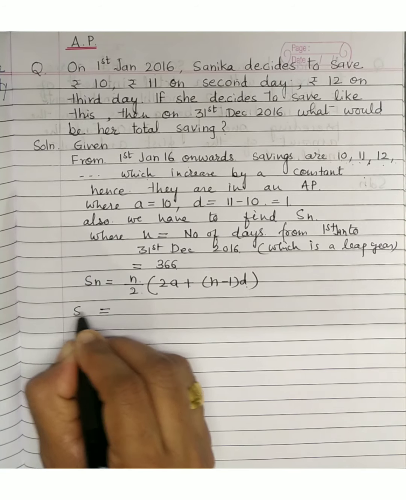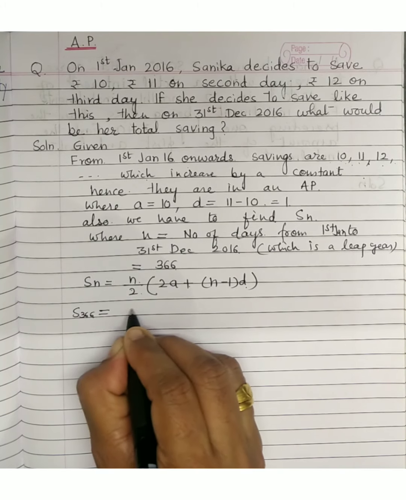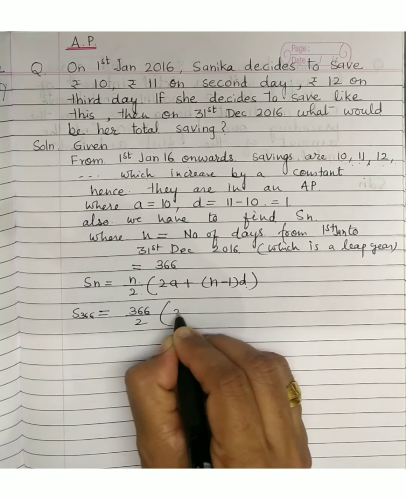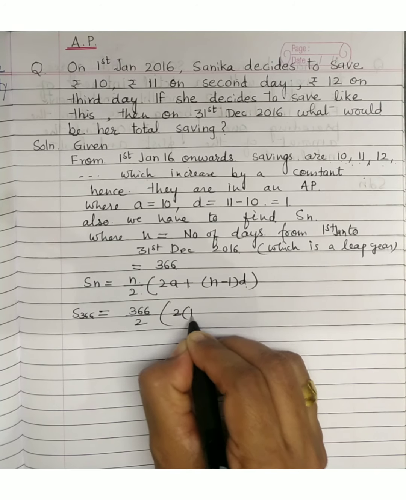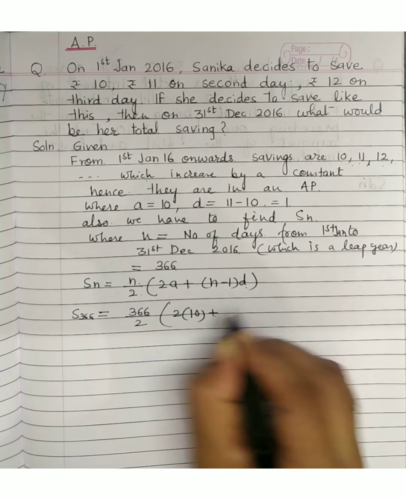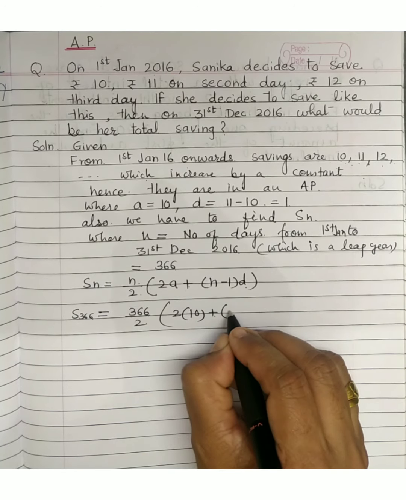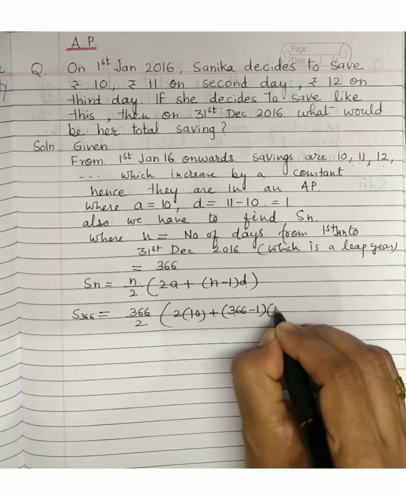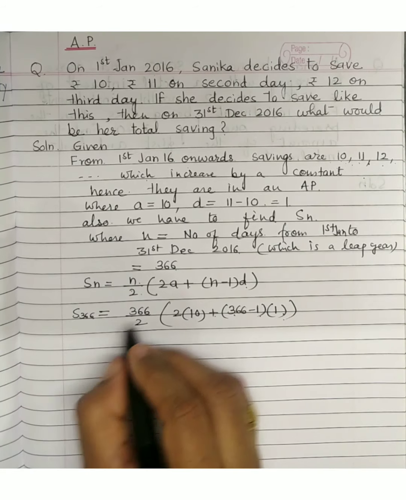So S 366 is equal to 366 upon 2 bracket 2A, A is what here? 10, plus 366 minus 1 into D. D is what? Simply 1 here.